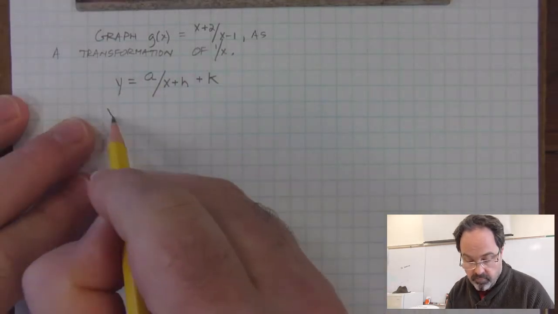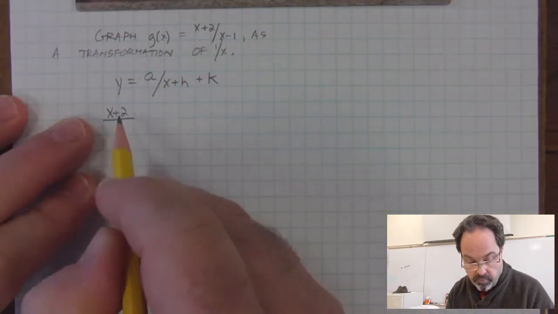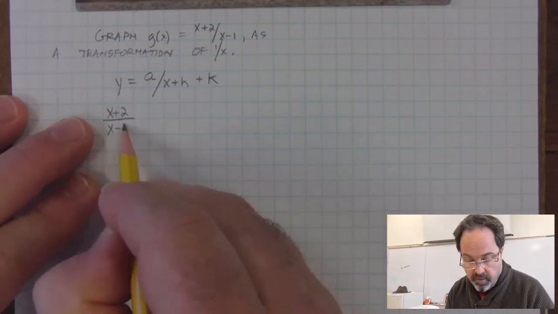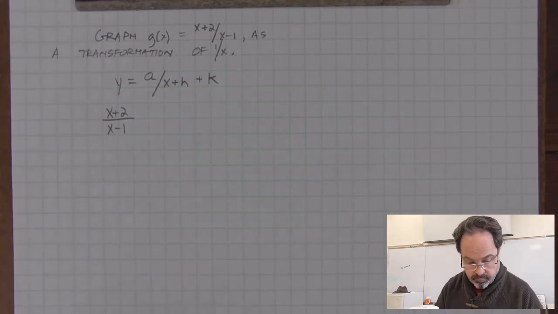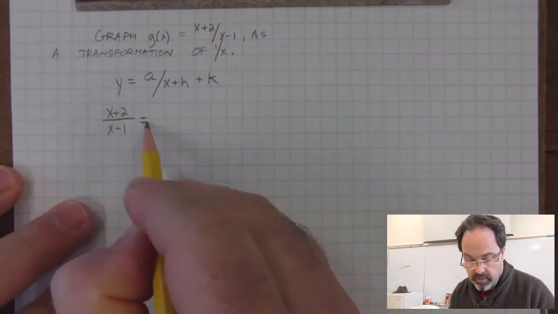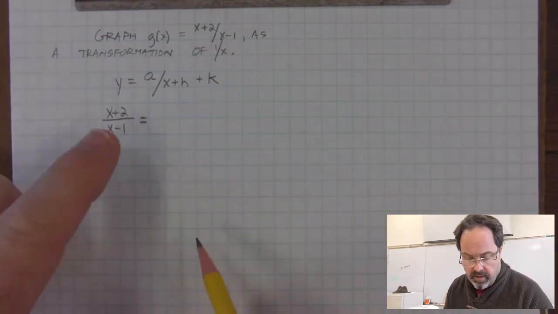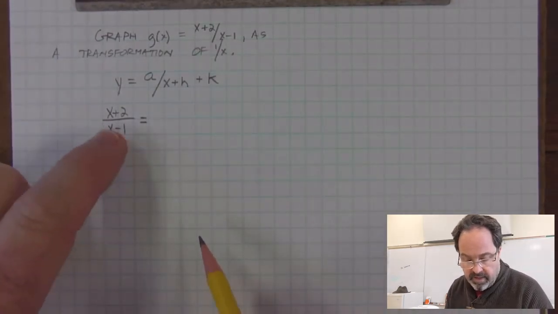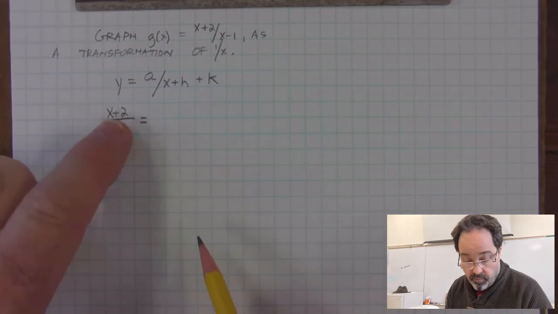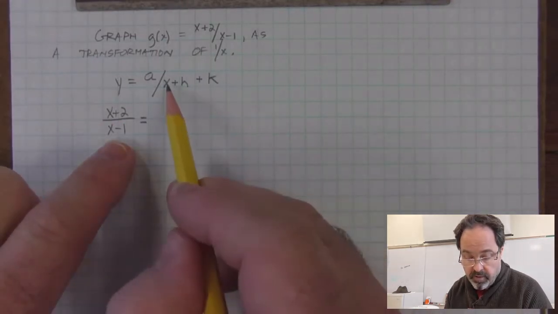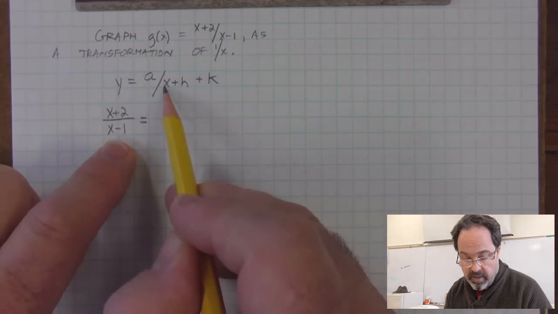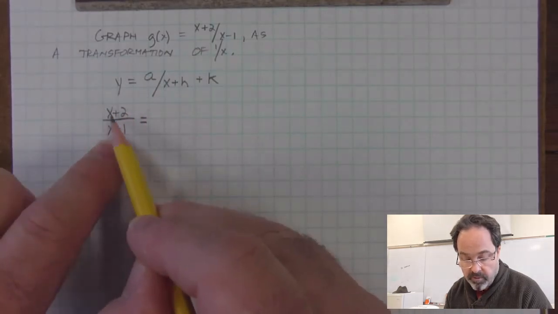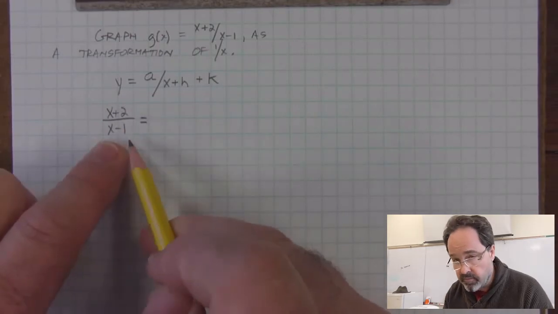So how do I convert x plus 2 over x minus 1 into this form so I can then read and describe those transformations with some algebra? I am going to get x out of the numerator so that I can put it in the form of something over x in the denominator, if I'm able to manipulate the numerator so that it equals the denominator.